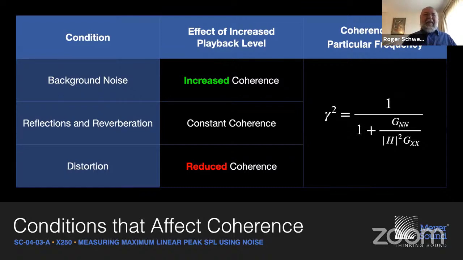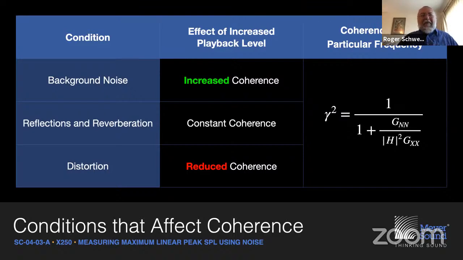Whereas if you're in a reverberant space and you increase your drive level and you keep your microphone at the same distance, then if the sound level goes up 3 dB, the reverberation also goes up 3 dB, and so your coherence will be unchanged. And if, on the other hand, you have distortion, and most distortions, with some exceptions, will increase as you increase the drive level.